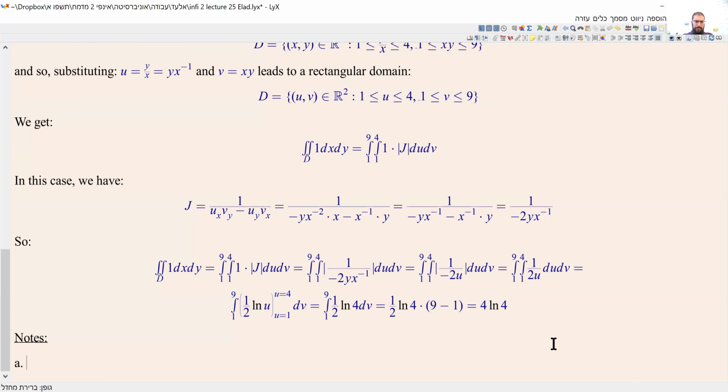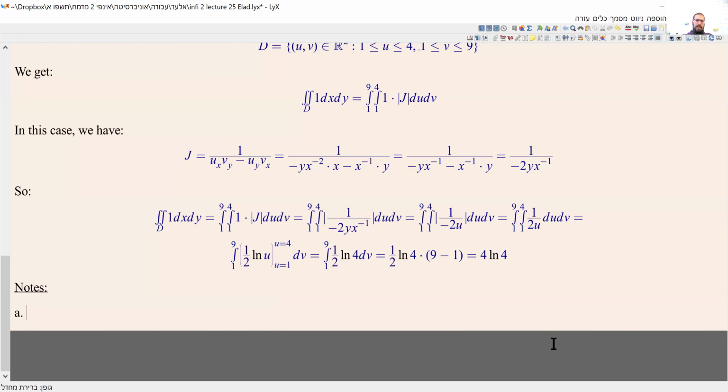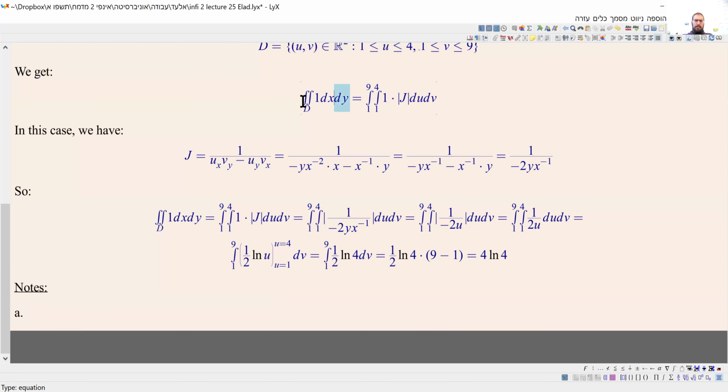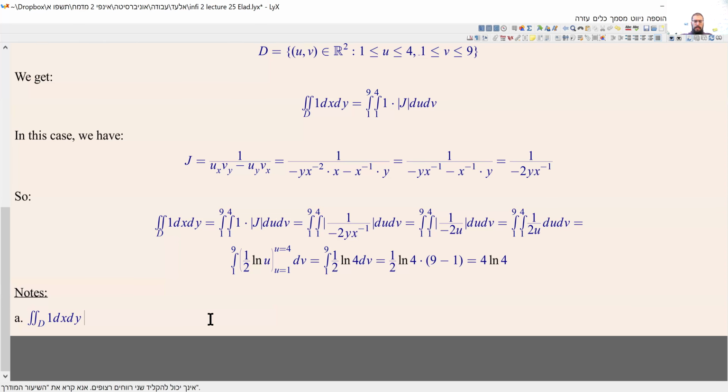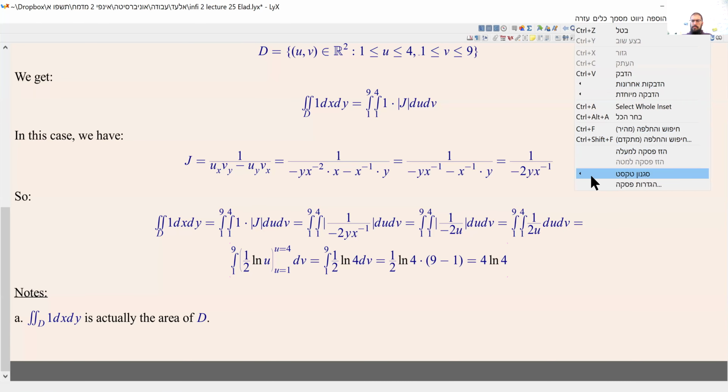First of all, the integral of 1 is actually the area of D. Let's write it in a different color.